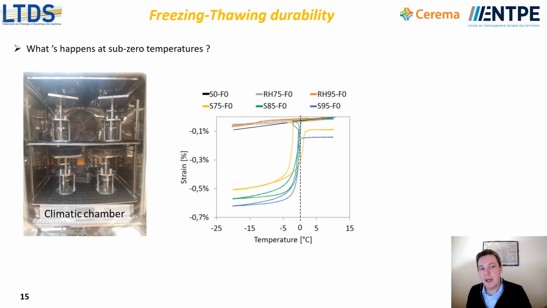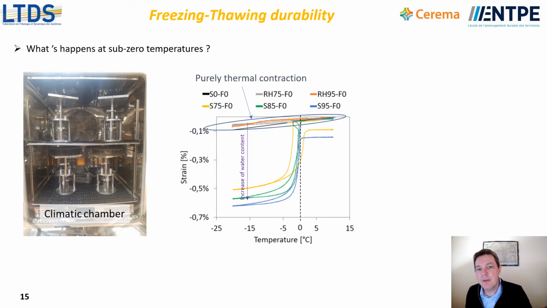And the samples were equilibrated at several water contents, either dried, the black curve, equilibrated at 2 relative humidities, which are the gray and the orange curves, or saturated at several saturations, but quite high, so 75%, 85%, and 96%.